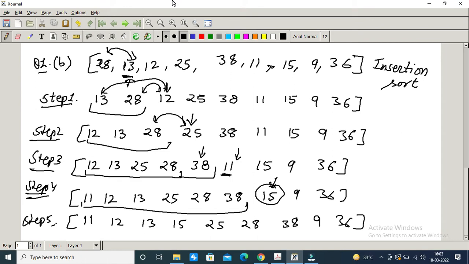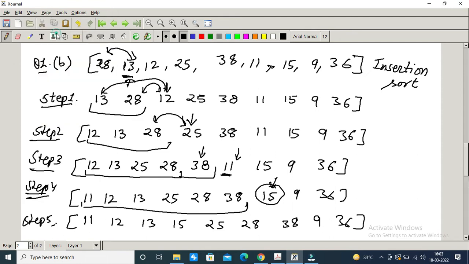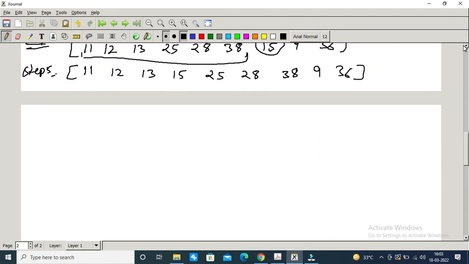Now let me insert a page right at the end, right? So here in this step 6, we will sort it like this, 15 will be at this place.